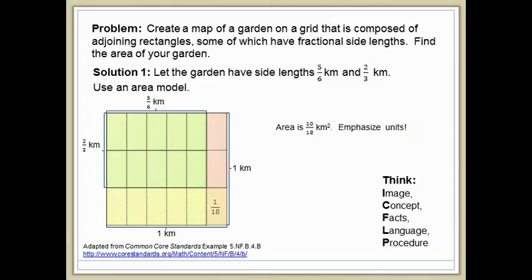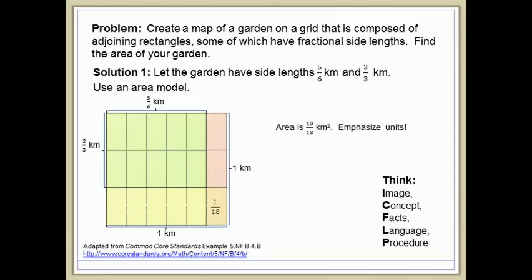I am pointing out here that we should emphasize the units. This is a good time to introduce or reiterate that when you multiply kilometers times kilometers, you get square kilometers, and that the units of area are squared length, while the units of distance are a single length.